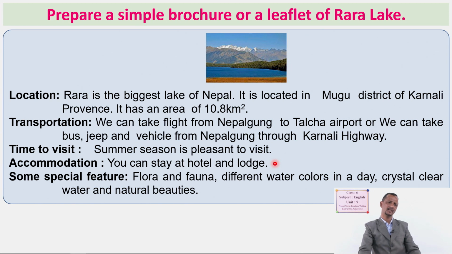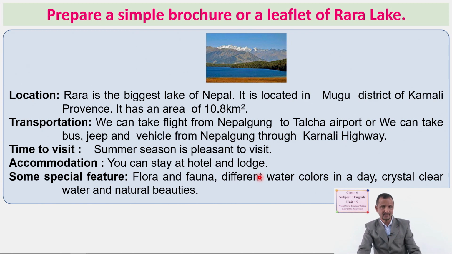All right. And here some special features, okay, whatever is given there in the text, I just picked up and put over here. Let's see, flora and fauna, that you have already read. What do flora and fauna mean? Right? Yeah. Animal and vegetation world. Different watercolors in a day means the lake's watercolor will be changeable, that we have known, right?